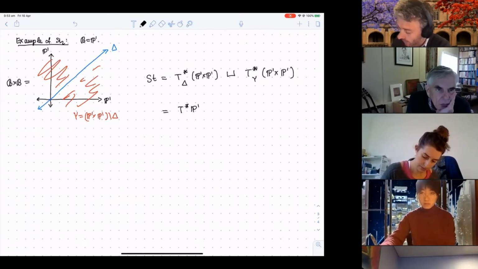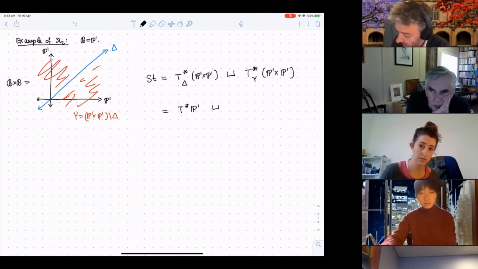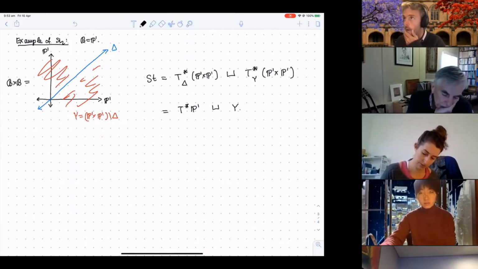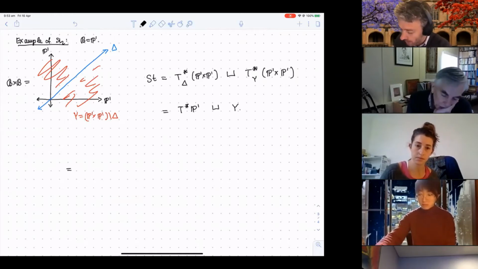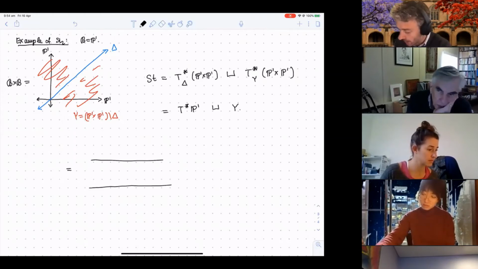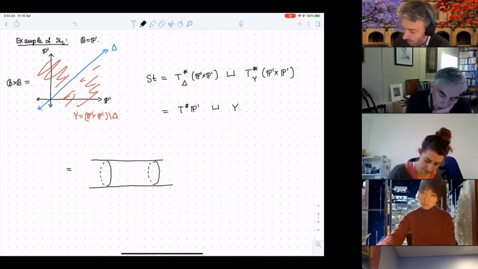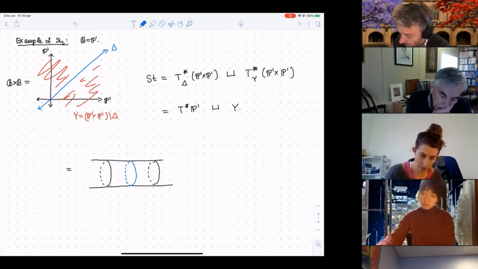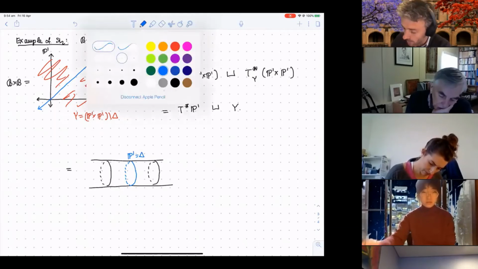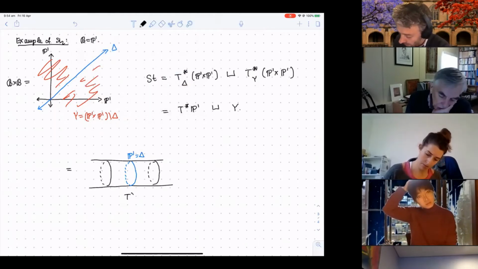And because this is a dense orbit, this is simply Y. So roughly speaking, here's an attempted picture: here's P1, which is the diagonal, and here's T star P1.